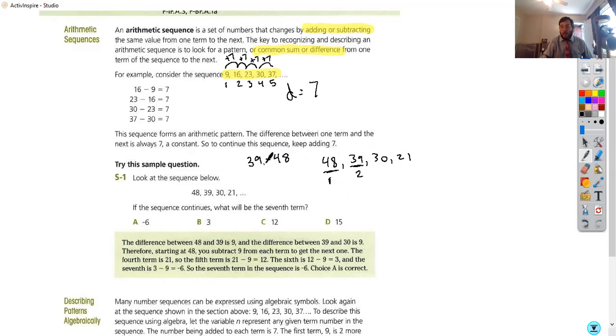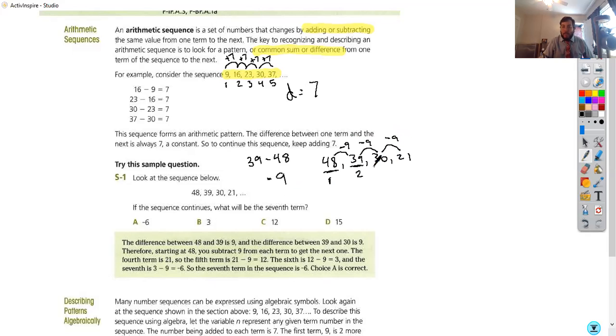So when we do 39 minus 48, right, we're going to see that we're going to get a negative number here, and it's going to equal negative 9. All right, so from each term here, from 48 to 39, we're subtracting 9 or adding negative 9. From 39 to 30, we subtract 9 or add negative 9. From 30 to 21, again, subtract 9.